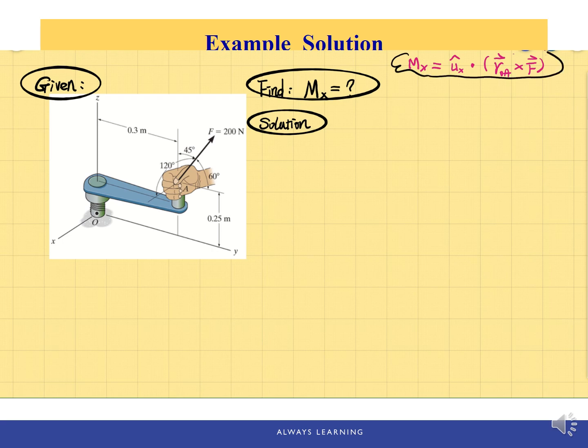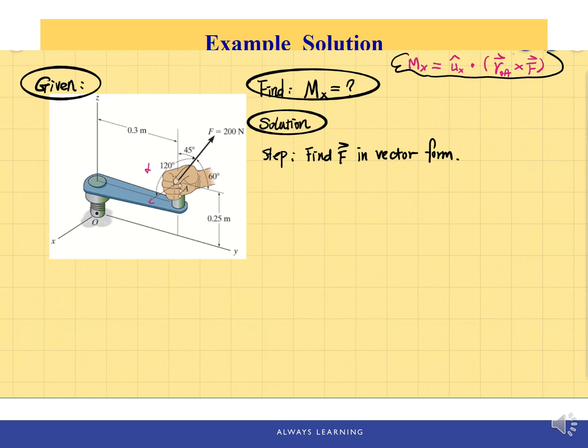So step 1, we said we're going to find force F in vector form. We're given the magnitude of F and the direction angles. Let's put down the direction angles of this force F. Alpha is 120.